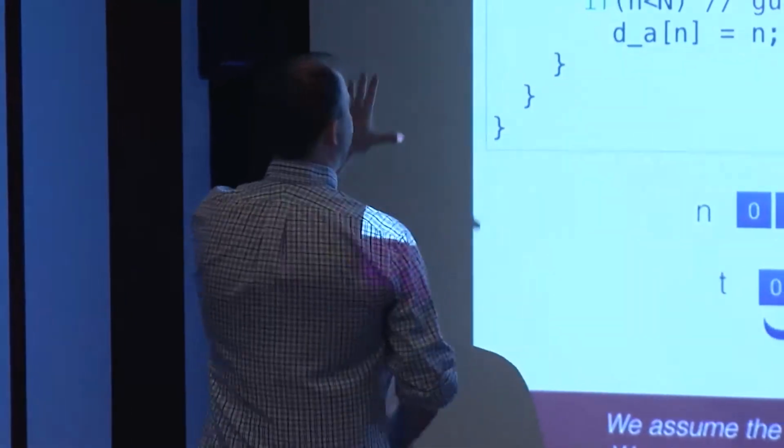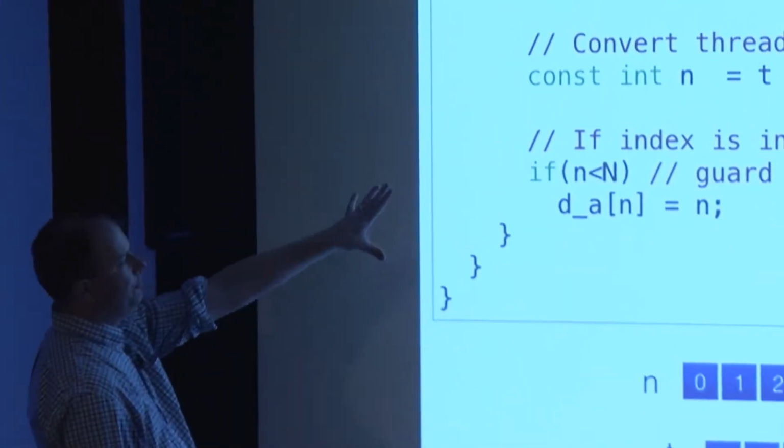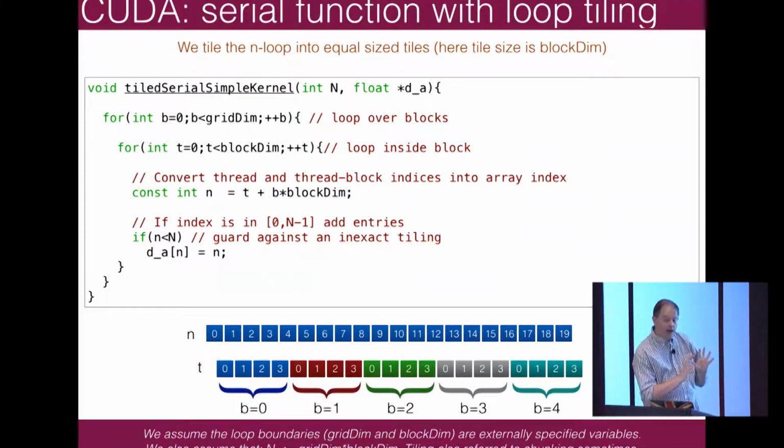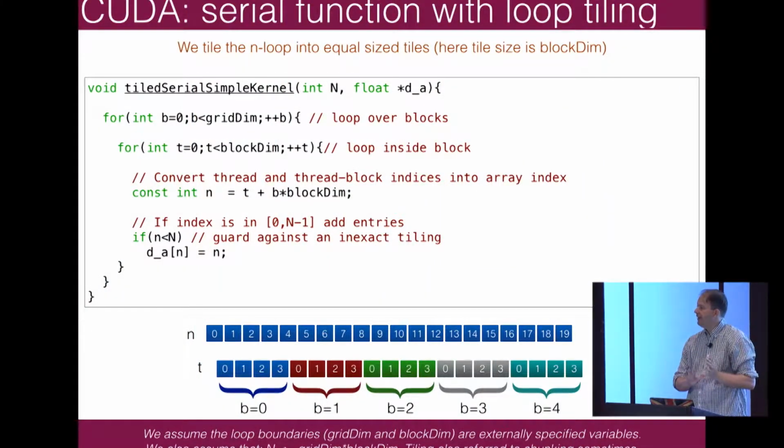So B goes over those macro blocks, and the T loop is the micro block, the little sub block, the micro loop. It's still serial code, but now we've tiled that for loop. Okay? And I'm starting to nudge towards the syntax that CUDA uses.